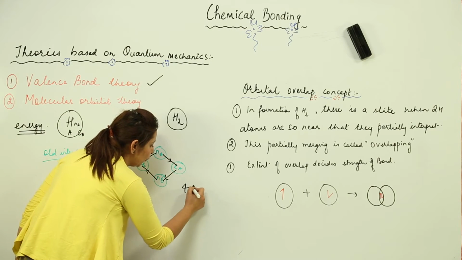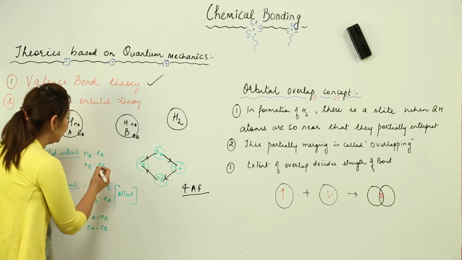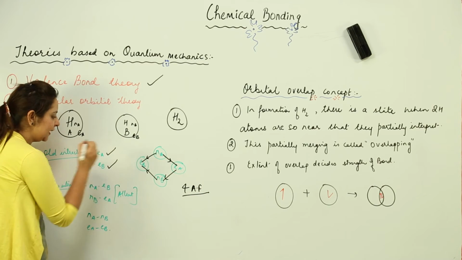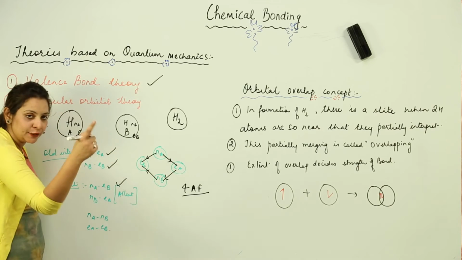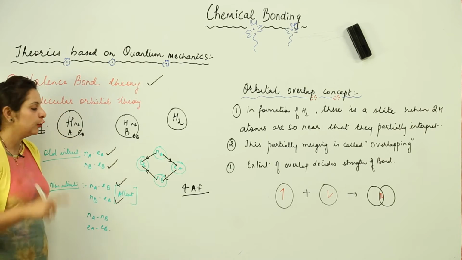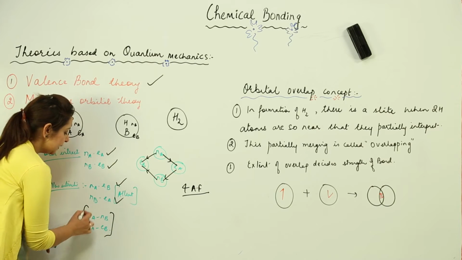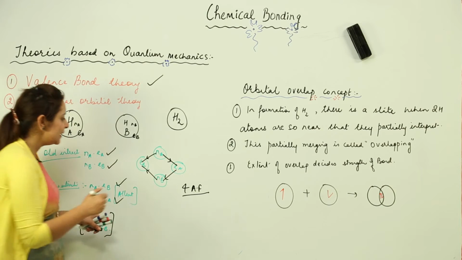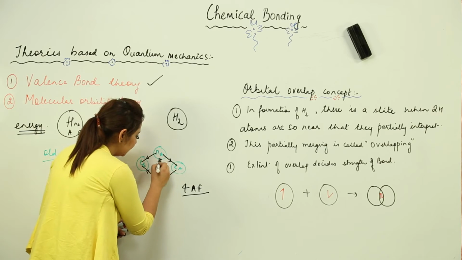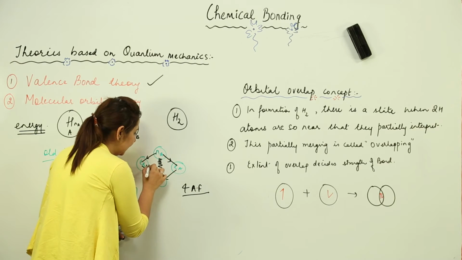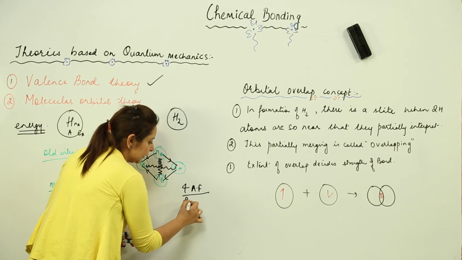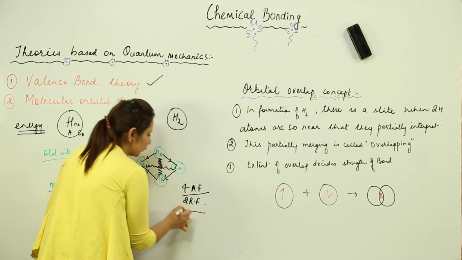There are a total of 4 attractive forces: nucleus A with electron A, nucleus B with electron B, nucleus A with electron B, and nucleus B with electron A. The repulsive forces are 2: between nucleus A and nucleus B, and between electron A and electron B.